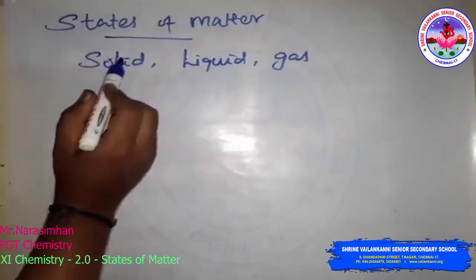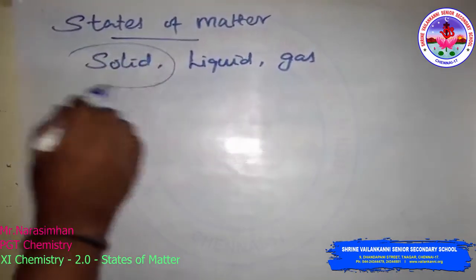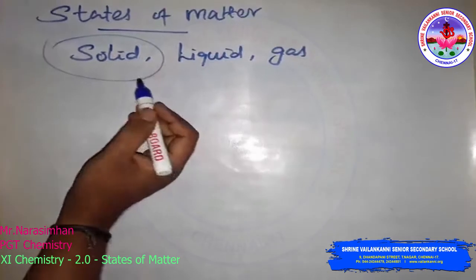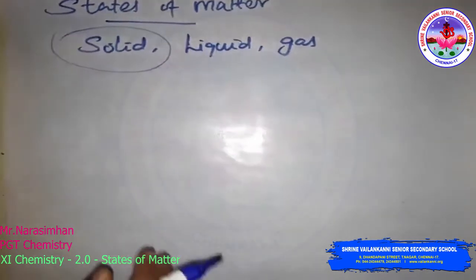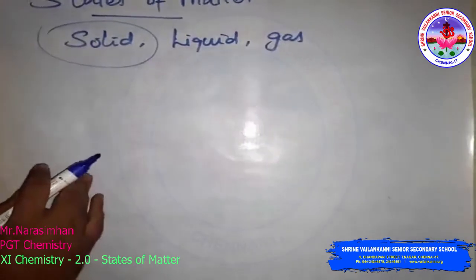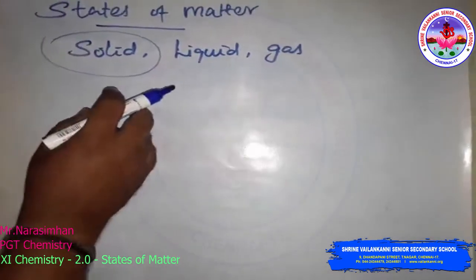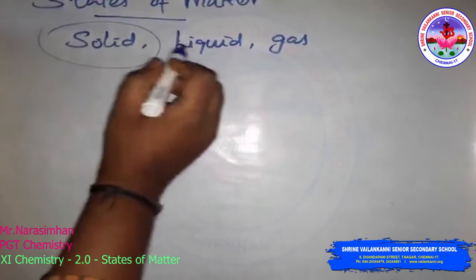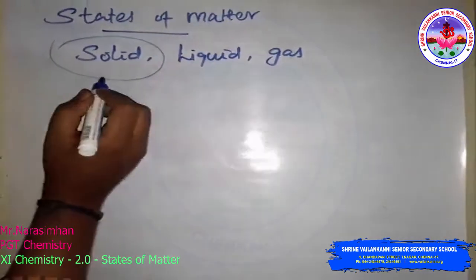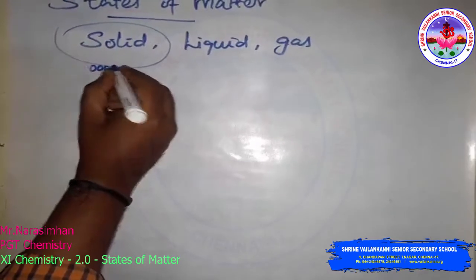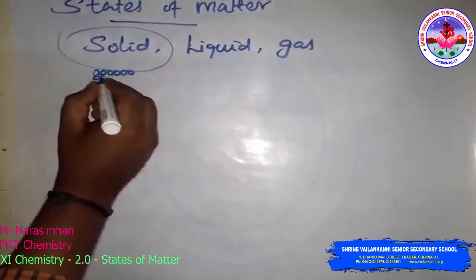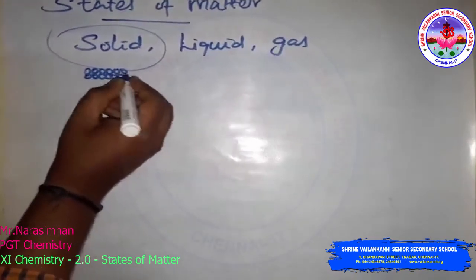The solid state we will learn at the higher secondary level, that is, in senior secondary second year. This year you are going to learn liquids and gases. What are liquids and gases? First, I know that solids appear closely packed. Solids are very closely packed.